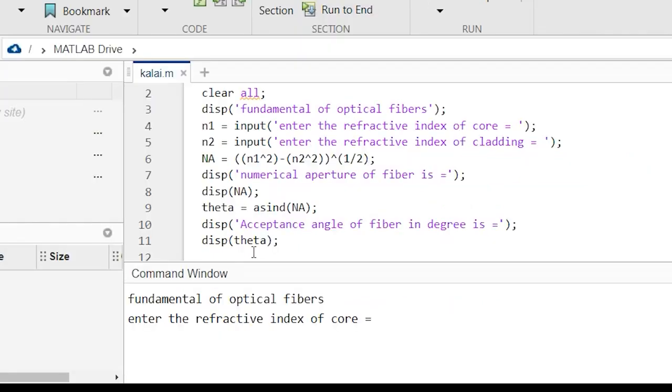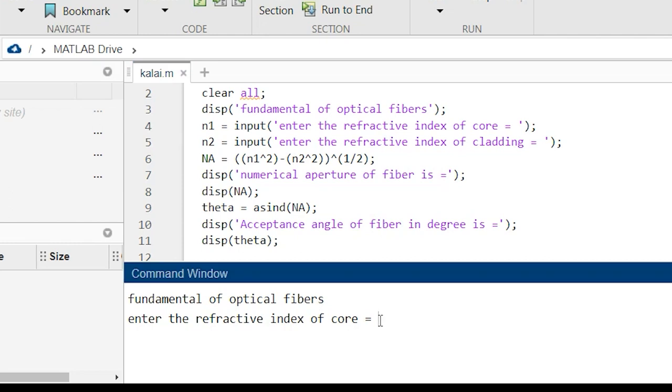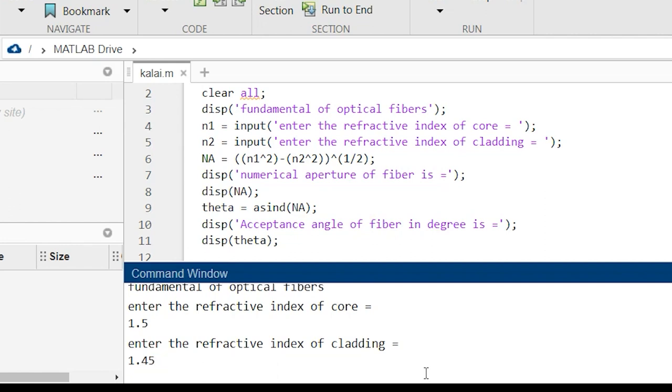So if we run this program, you will get the prompt to enter the value of index of core. I am going to give the value as 1.5. Again it is asking for the refractive index of cladding. I am going to give the refractive index of cladding as 1.45, which is slightly lesser than the core's refractive index.